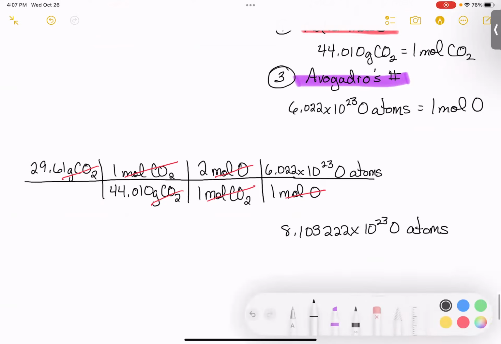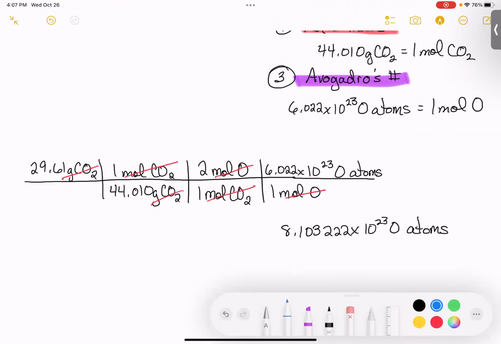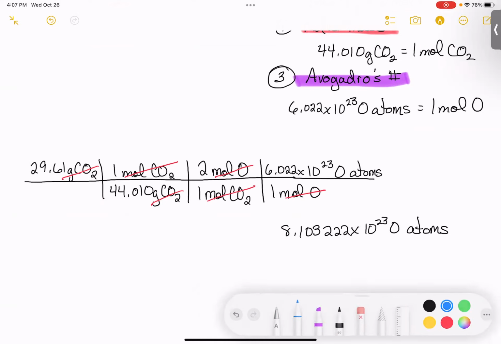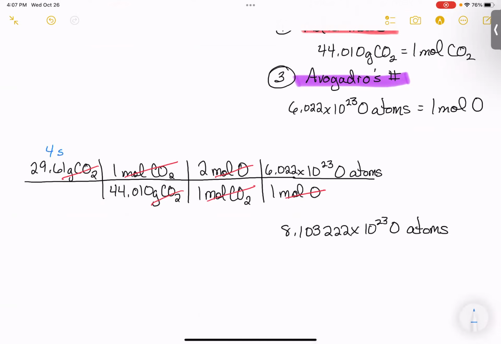This is multiplication and division, and according to the rules of multiplication and division, your answer will have the same number of significant digits as the measurement with the fewest. Your starting value had 4 significant digits. The mole portion of a molar mass is an exact quantity, but the mass portion you have to pay attention to. Mole to mole ratios are exact quantities.